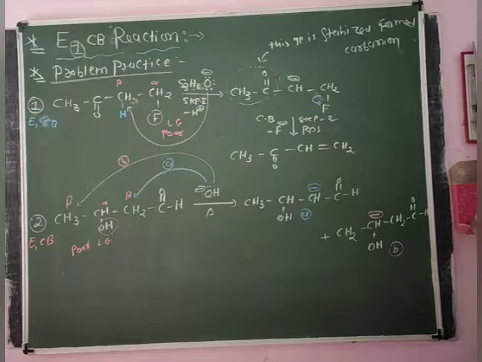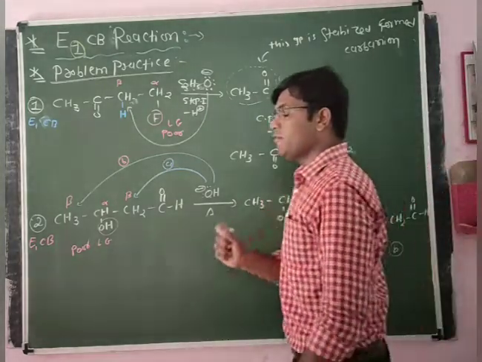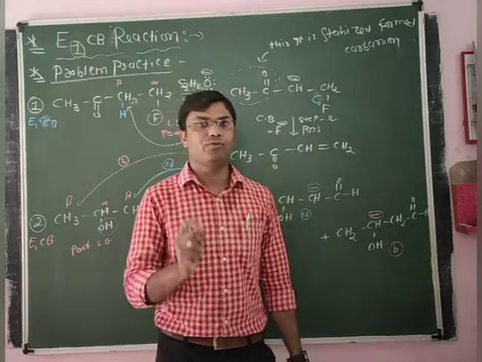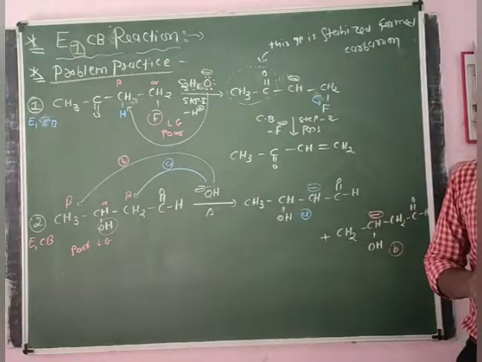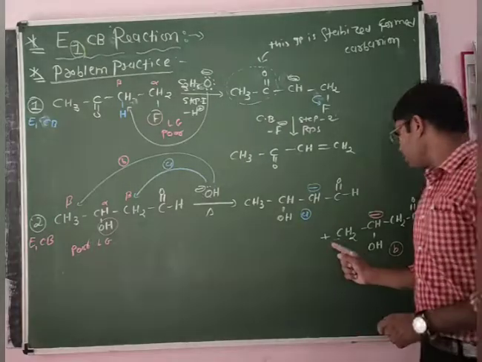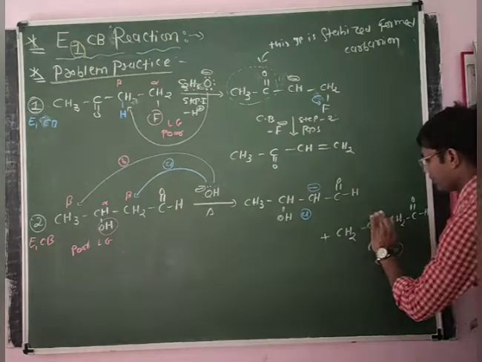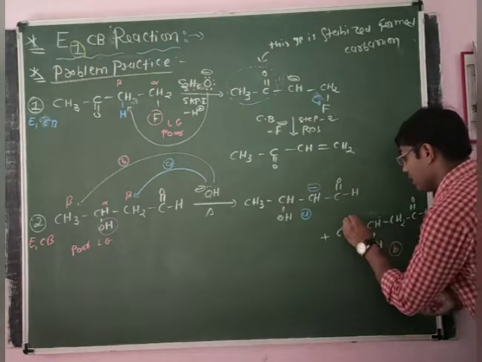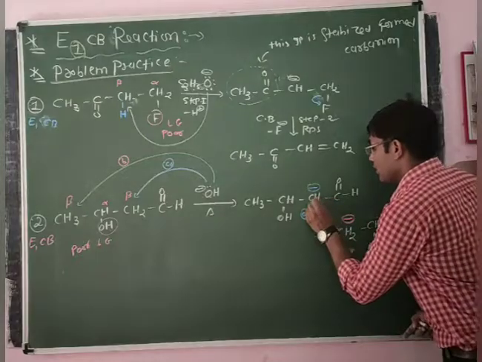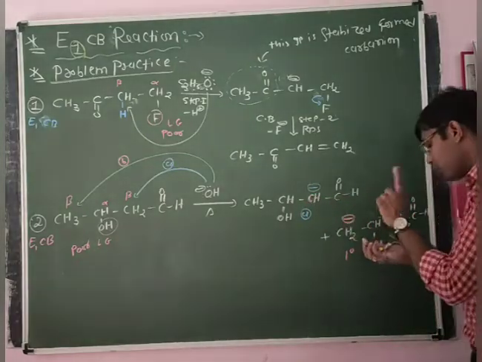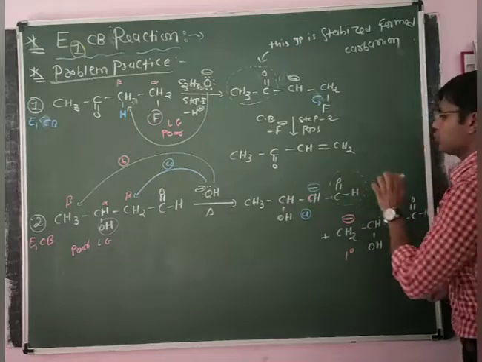So now there are two possibilities, but out of these two, which one is our major product? Which one is our major carbanion? It depends on the stability. You know very well, this one is terminal, meaning a 1 degree carbanion, and this one is further stabilized due to this group.